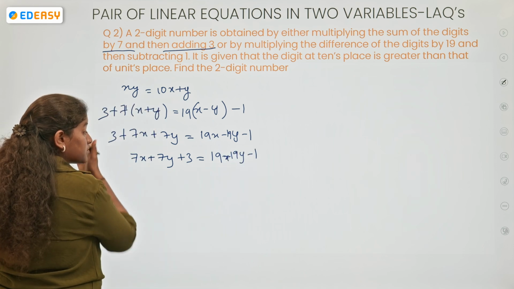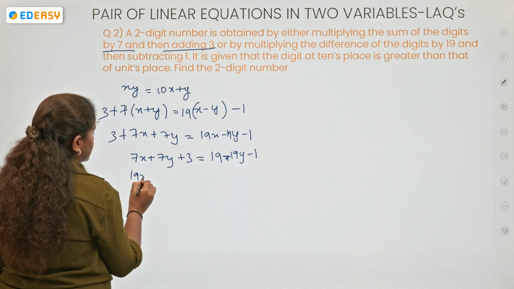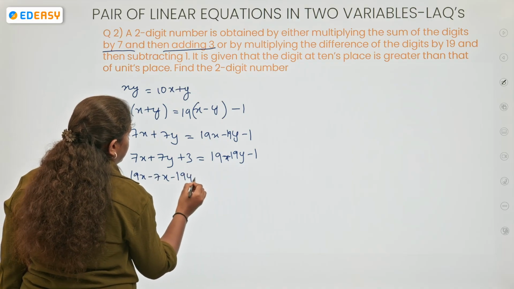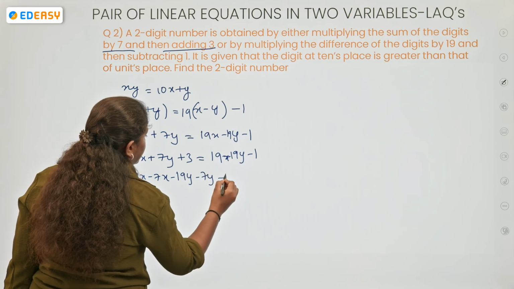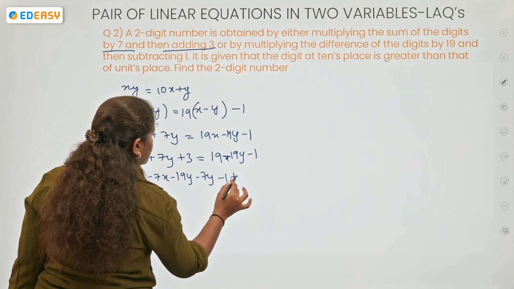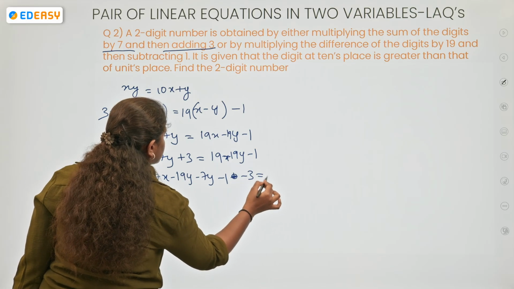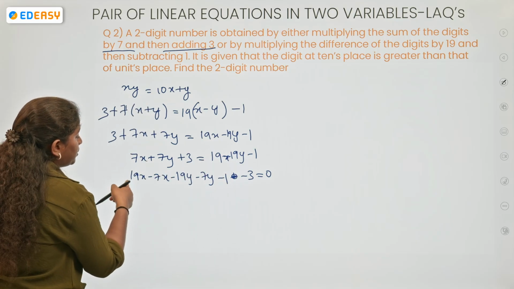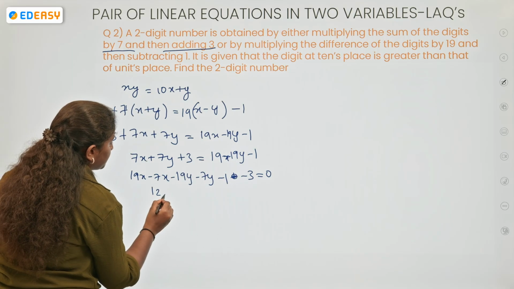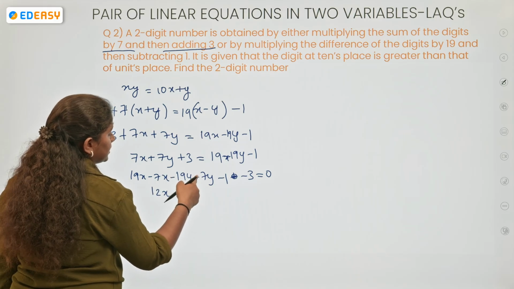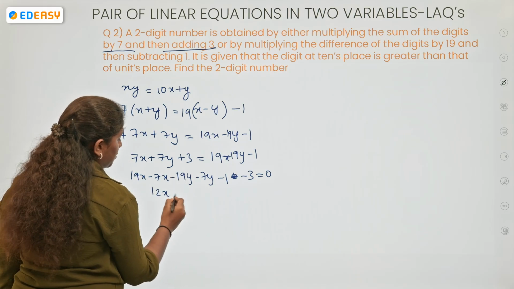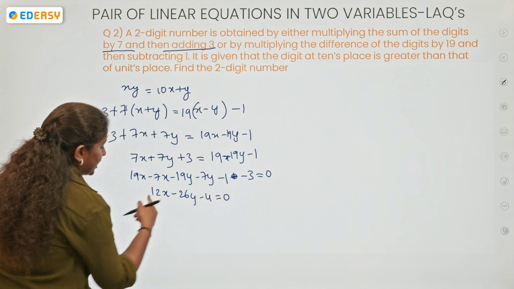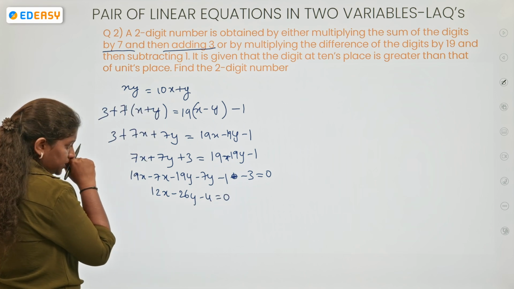Let's take all the terms to one side. So 19x minus 7x minus 19y minus 7y minus 1 minus 3 equals 0. I am bringing all these terms to that side. Now 19 minus 7 becomes 12x, minus 19 minus 7 becomes minus 26y, minus 4 equals 0.